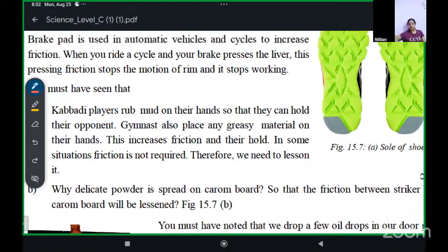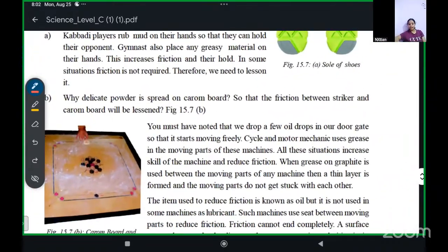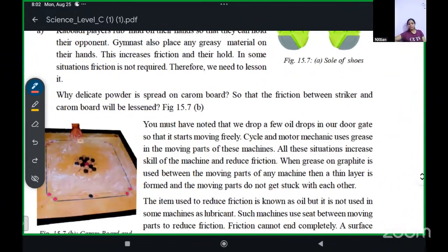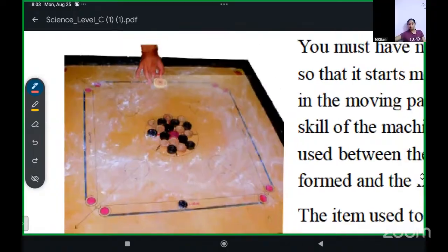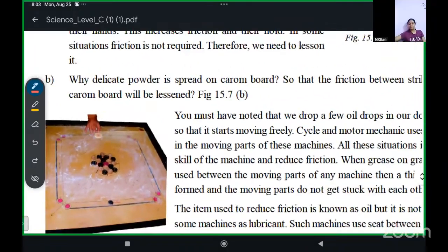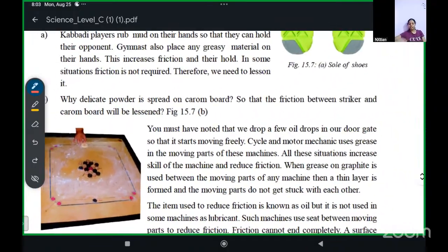Such as why fine powder is spread on a carrom board, so that the friction between the striker and the carrom board is lessened and we can easily slide the striker.